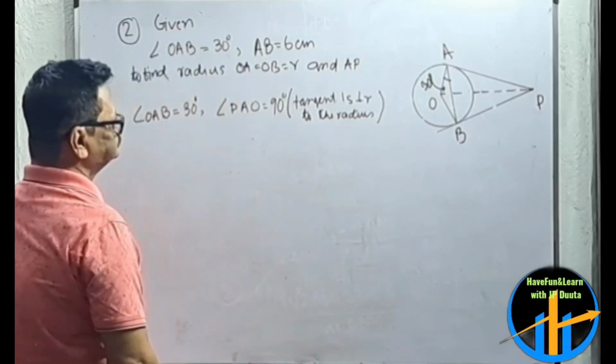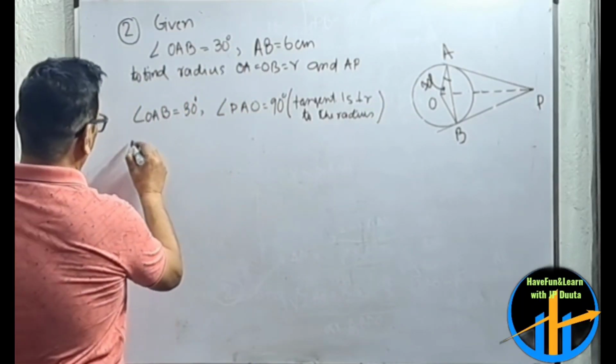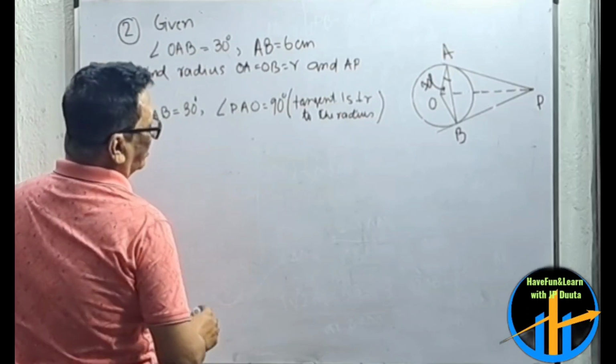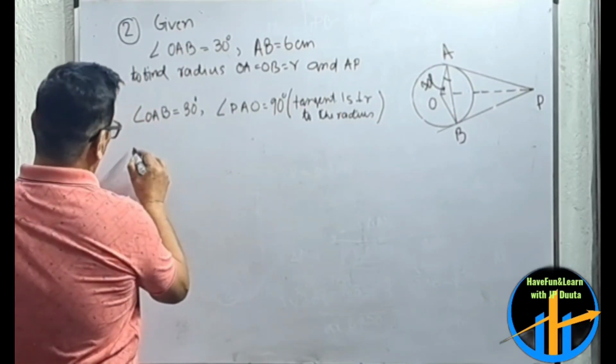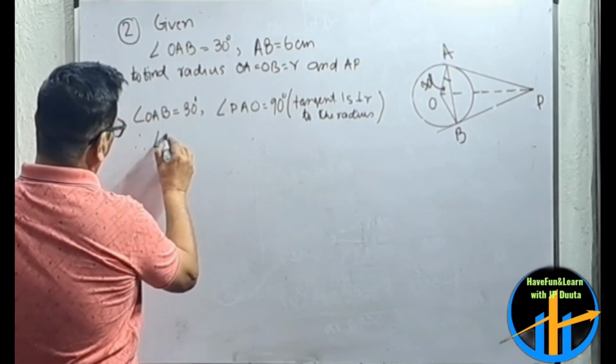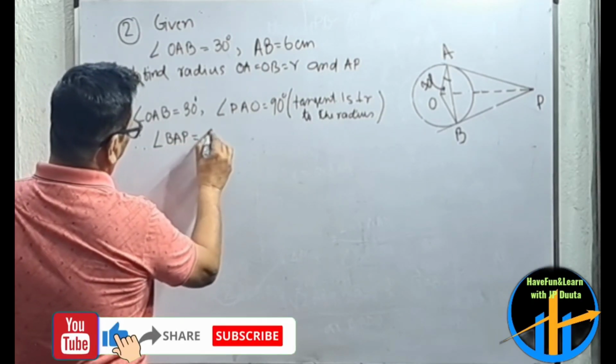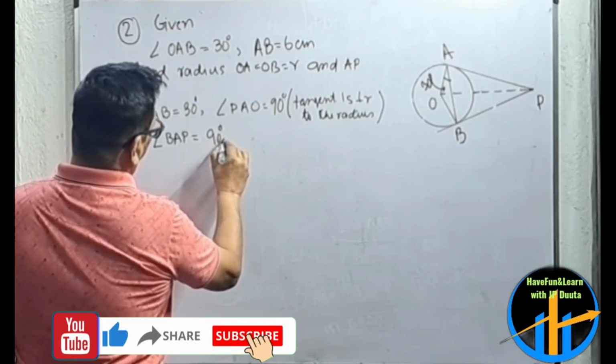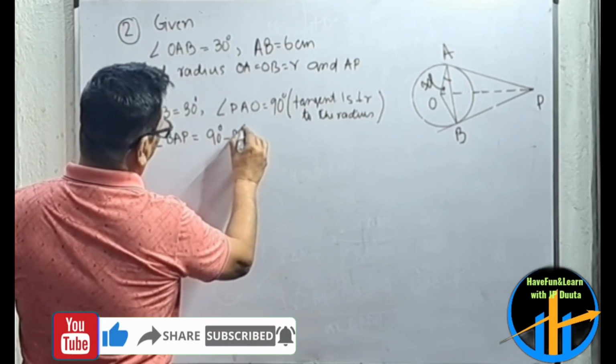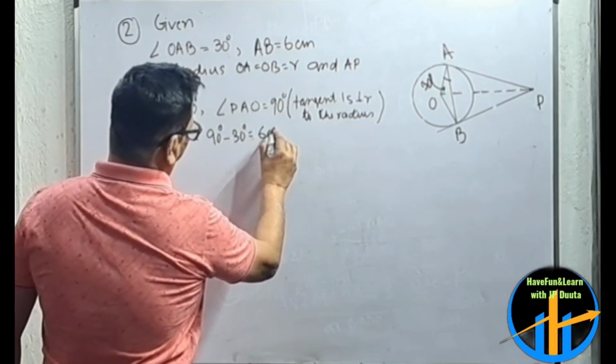Okay. So now we can find out angle BAP. Therefore, angle BAP is equal to 90 degrees minus 30 degrees is equal to 60 degrees.